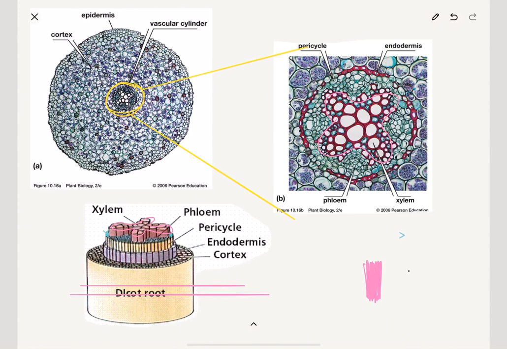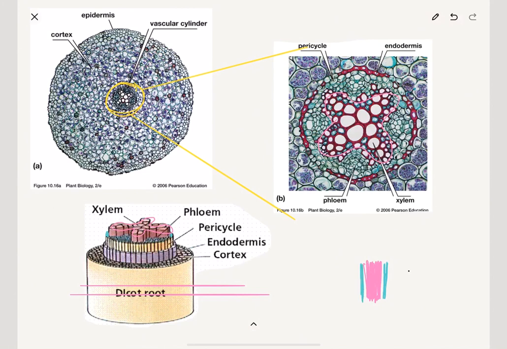You can only see that in a cross section. The reason for that is, imagine drawing an X on a sheet of paper and then turning that sheet of paper on its side. Well, all you're going to see is the side of that sheet of paper, and you won't see that the sheet of paper was in the shape of an X.